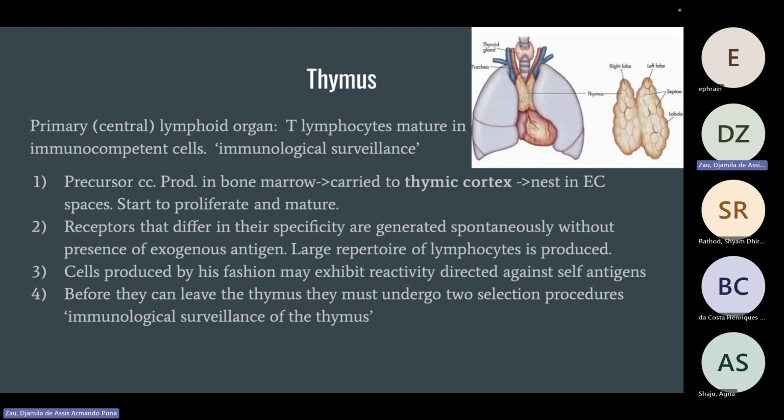Before they can leave the thymus, in order for them not to attack our own antigens, they're going to undergo what's called the immunological surveillance of the thymus. So just try to remember these things that happen in the thymus. They proliferate and mature. Because of the receptors, we have a lot of different lymphocytes. However, these lymphocytes can attack our own antigens, so they need to go through immunological surveillance, which is the selection process.